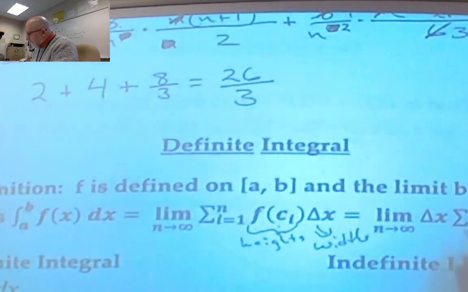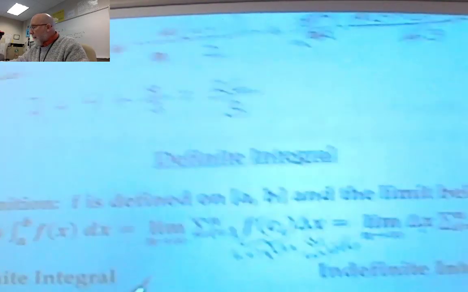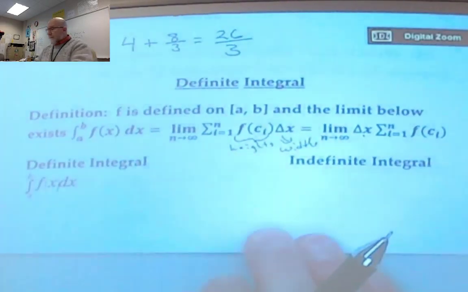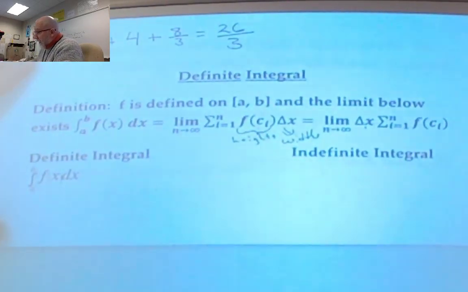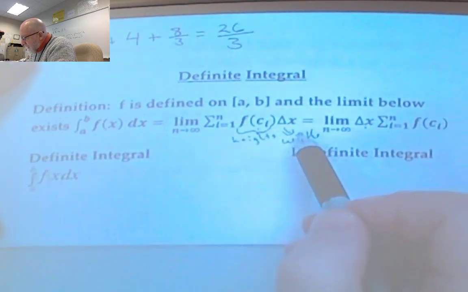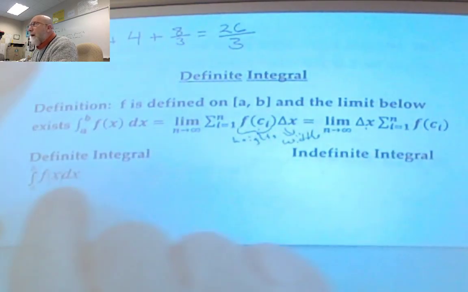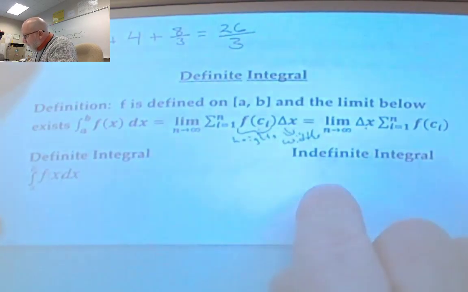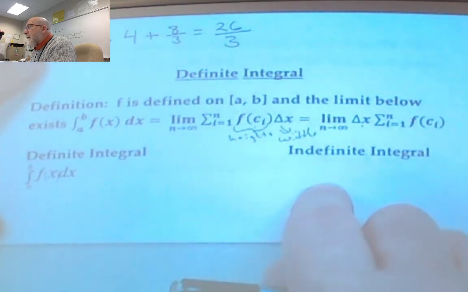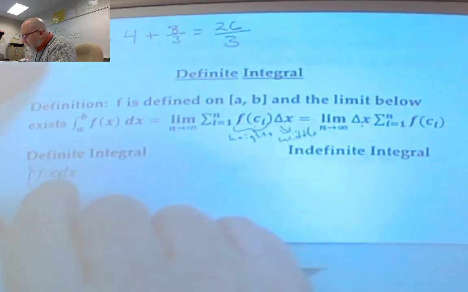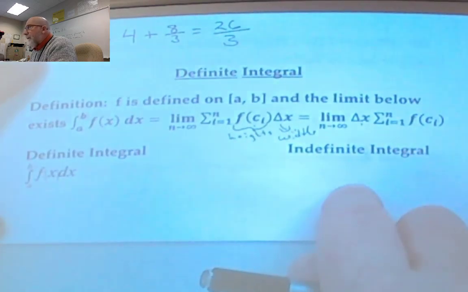And then all I did was bring it out front, kind of like what Megan had us do, right? So this is what a definite integral looks like. Here are my heights, here are my widths. Maureen, can you tell me what an indefinite integral looks like? It looks a lot of the same like this, except it's a little different.